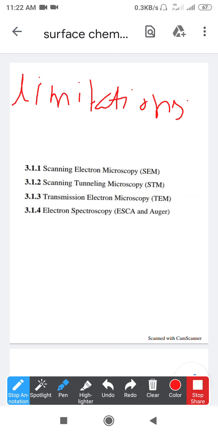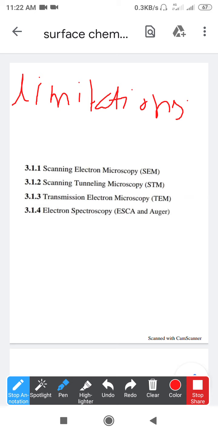If we focus a beam on a contaminated surface, we get the wrong result. So we have to eliminate that contamination, either by suitably changing the sample or selecting the sample in such a way that minimum impurities are there.